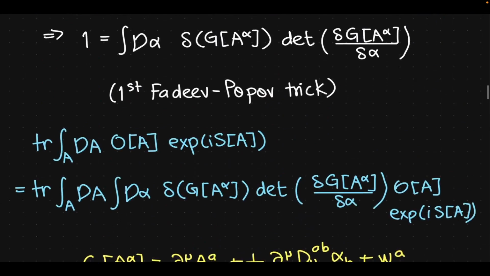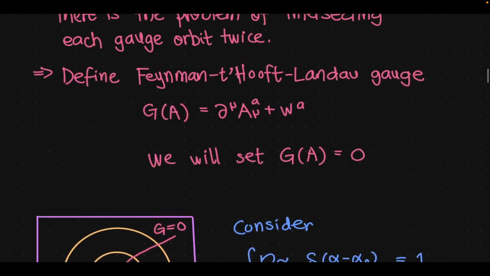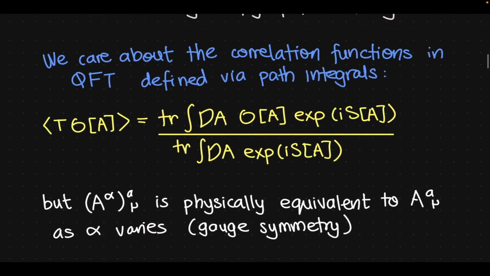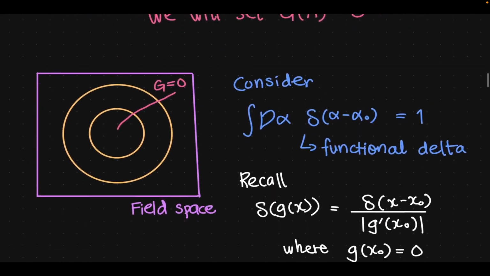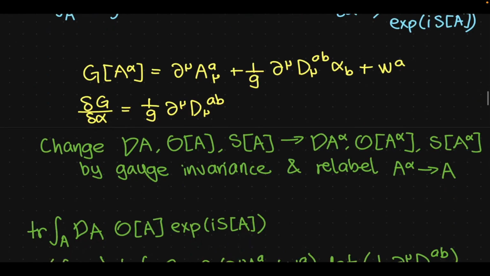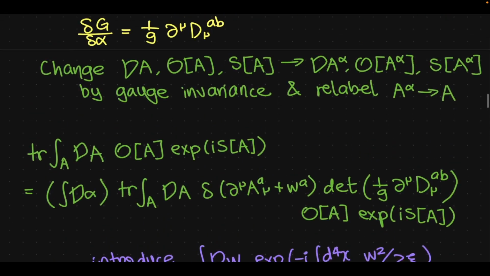Remember, at the end of the day, we're actually dividing by this normalization factor. So whatever we introduce on top, as long as we introduce it in the bottom, it will cancel. It will not affect the value of the amplitude that we want to calculate.